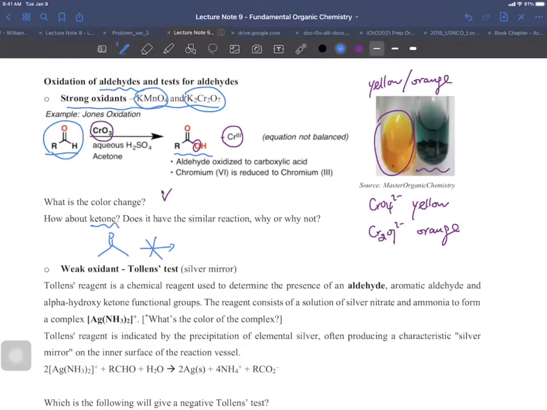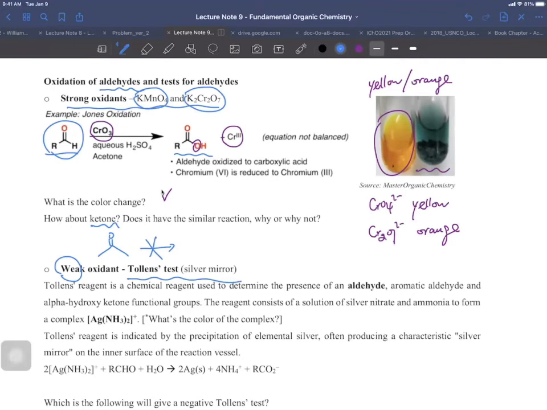So here we talk about the strong oxidant, but since aldehydes can be easily oxidized, we can also choose some weak oxidant. The first option is the Tollens test, which is also called the silver mirror test.